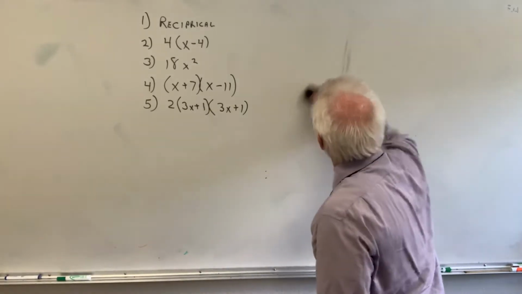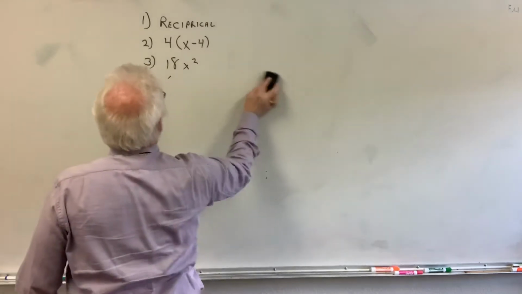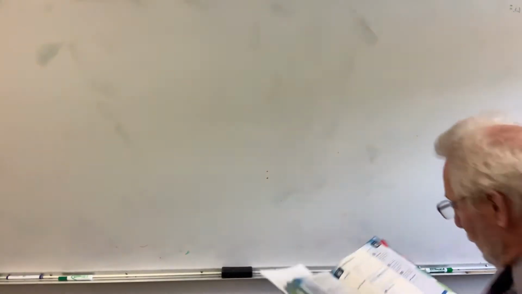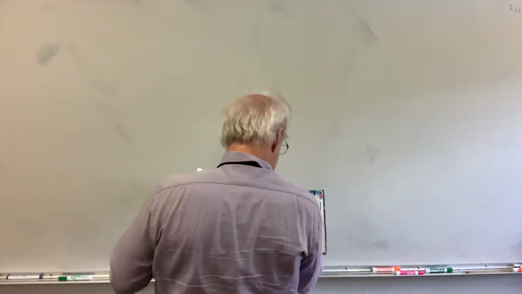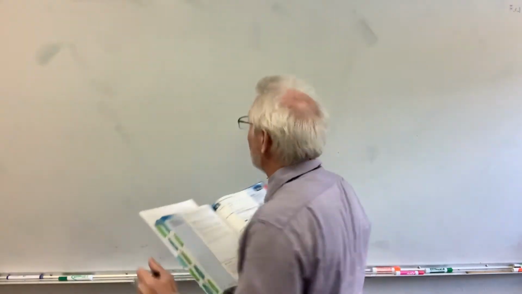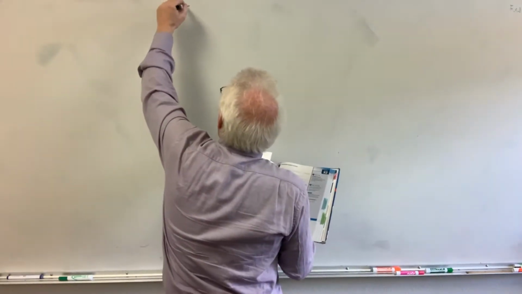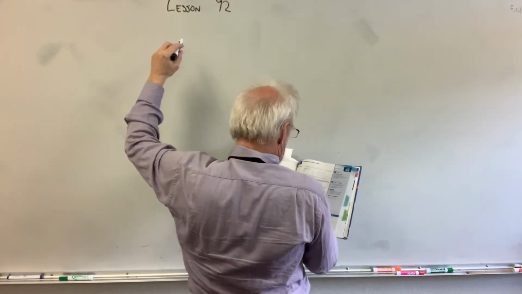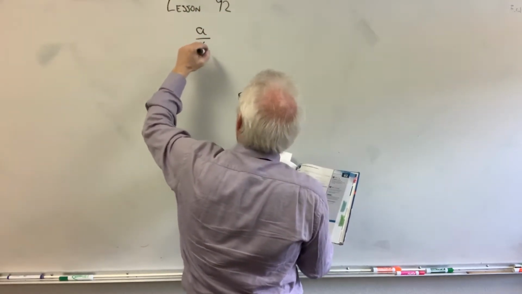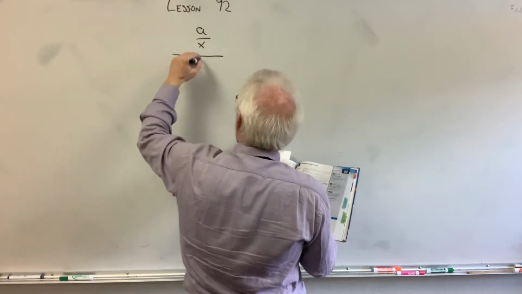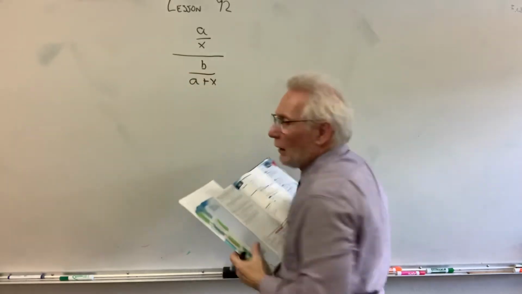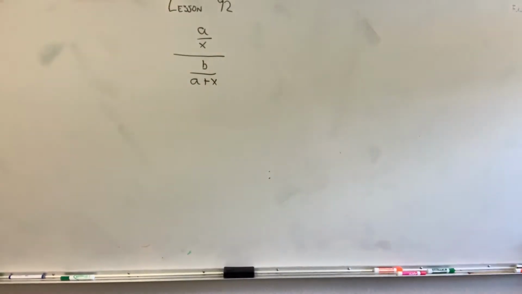All right, so let's take a look in the book because it's going to be doing basically the exact same thing here. We're still recording. Good. If you look at example A on page 609, because this is lesson 92, you see the first example they give you is A over X on the top of B over A plus X. Once again, it's just a division problem.